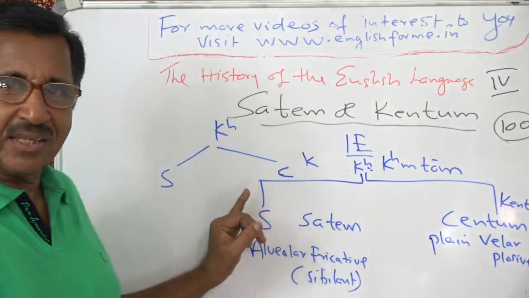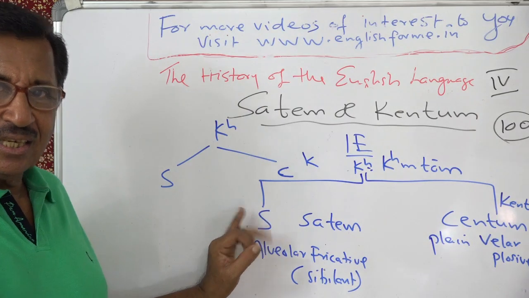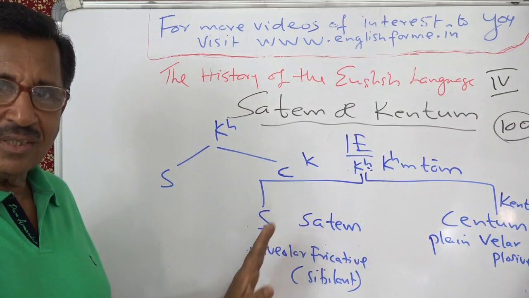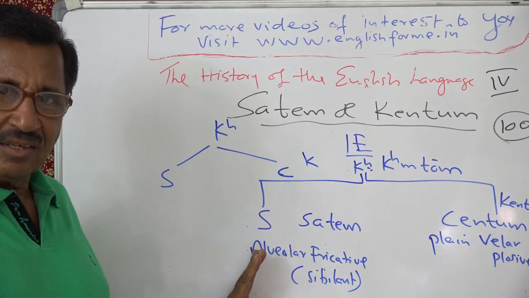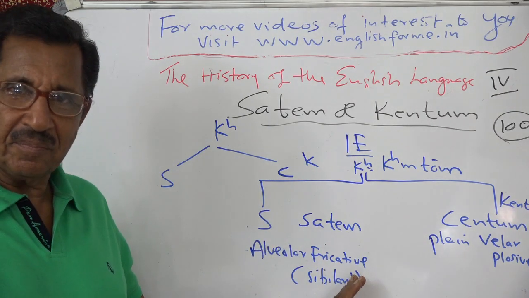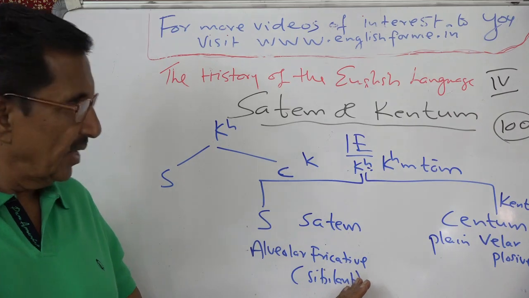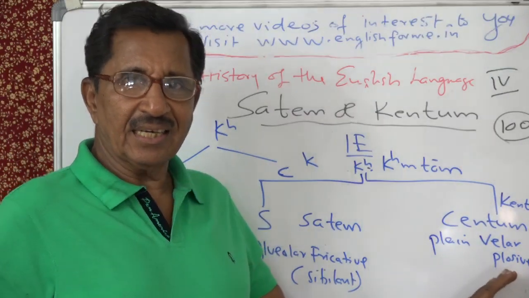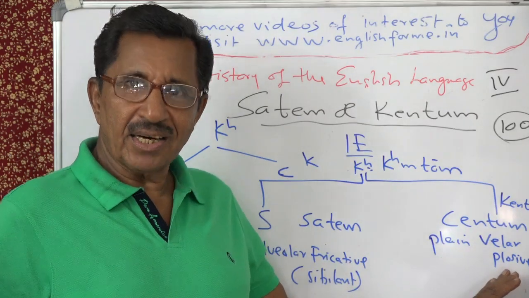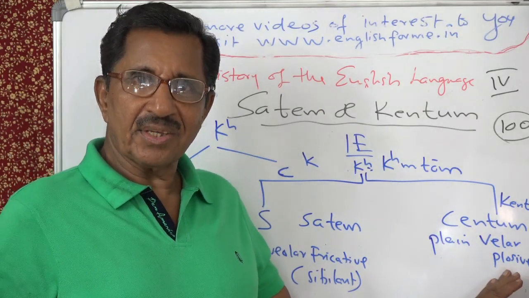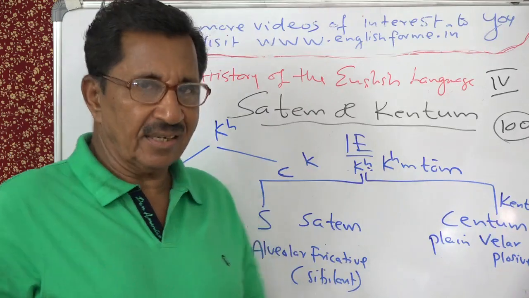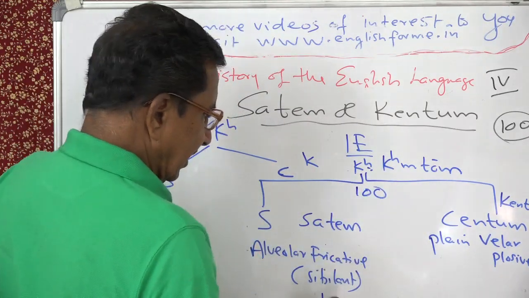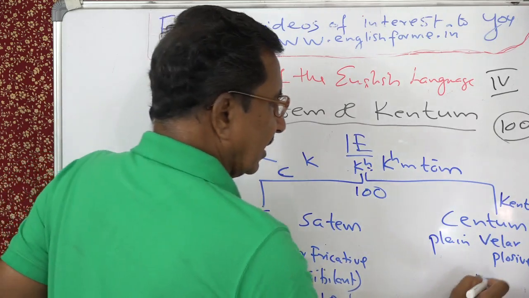In eastern branch, the first sound is S. So instead of k, you have got a S in eastern with the word Satem as an example. Here instead of k, you have got K in western. The word taken as example is Kentum, meaning 100. So here is 100, here is 100, here is 100.